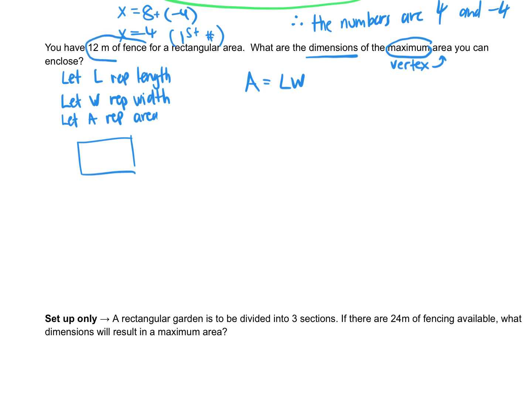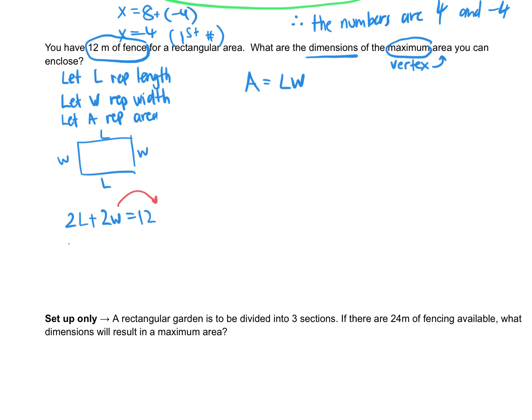Okay, we are given information though. We have 12 meters of fence, which means this length, this length, this width, all need to be covered by that 12 meters, which means 2 lengths and 2 widths should add up to 12. No more, no less. I'm going to isolate whichever variable I want. I'm choosing to isolate for the length.